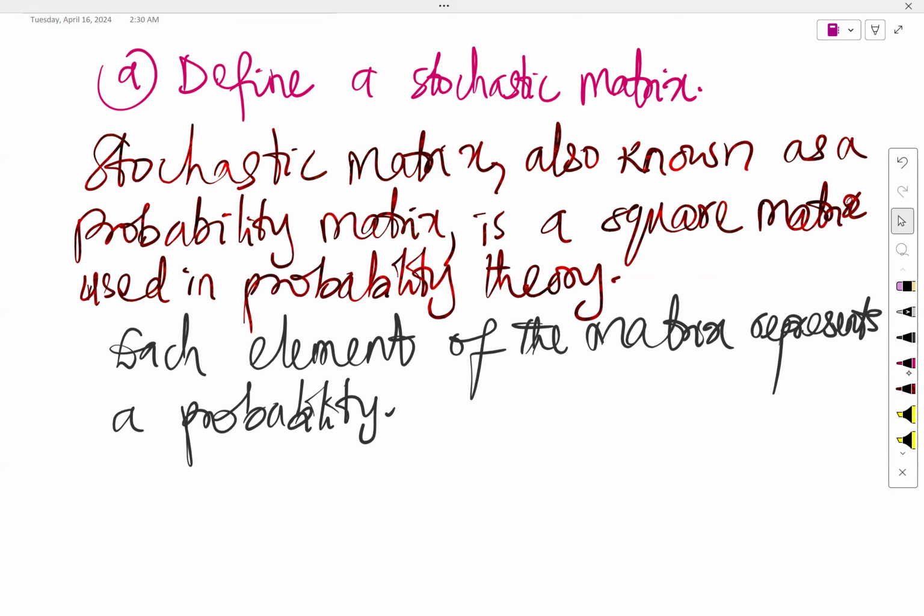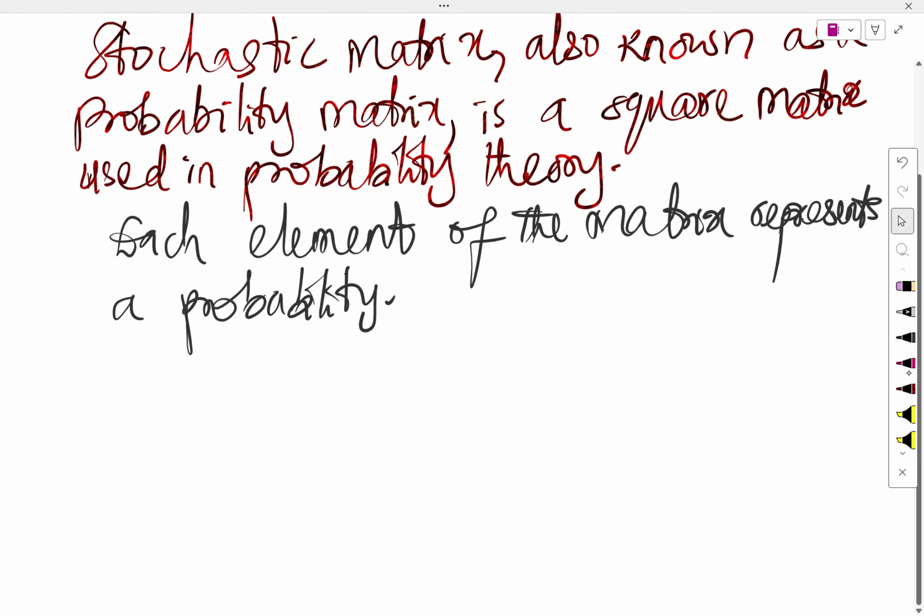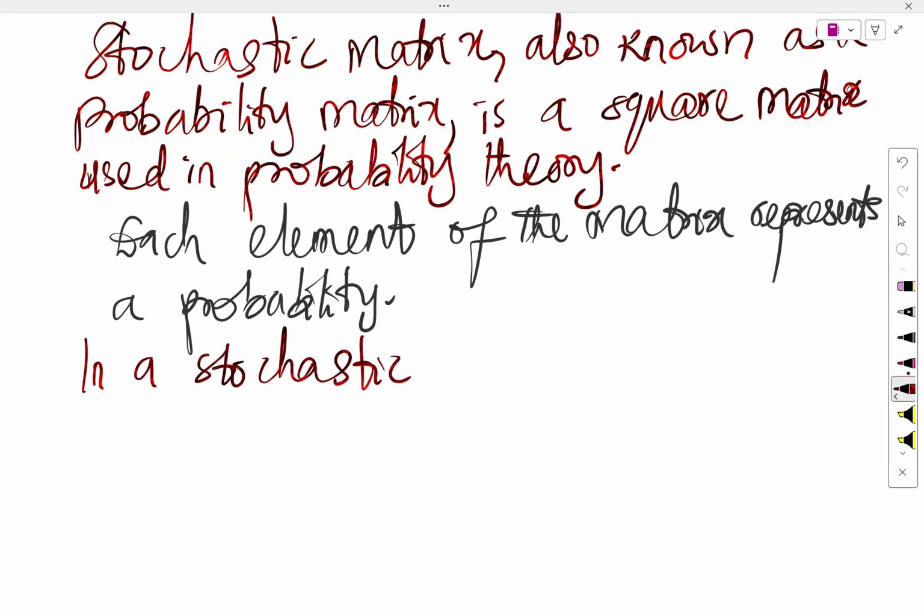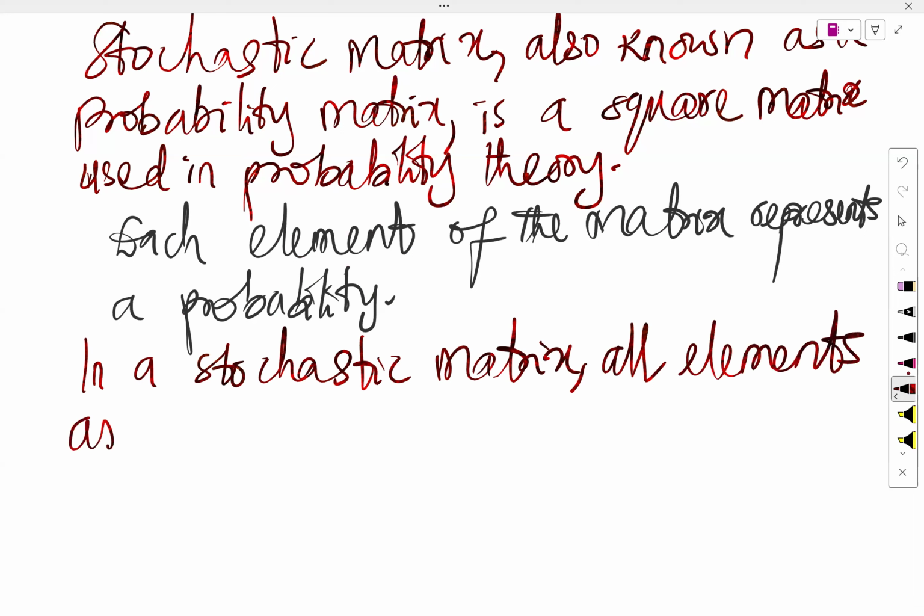And then more information about it is that in a stochastic matrix, all elements are non-negative.